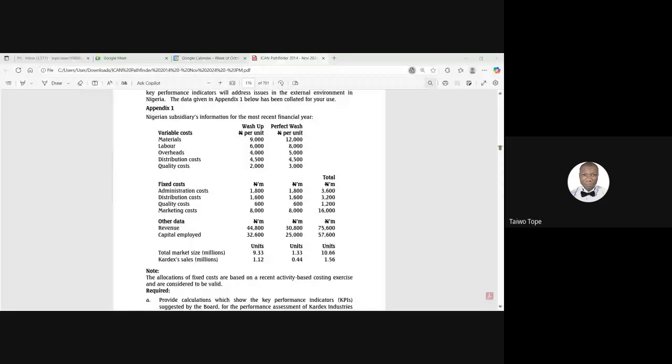So your revenue minus variable cost minus fixed cost will give you what? Profits. So for workshop, you get 4,240.